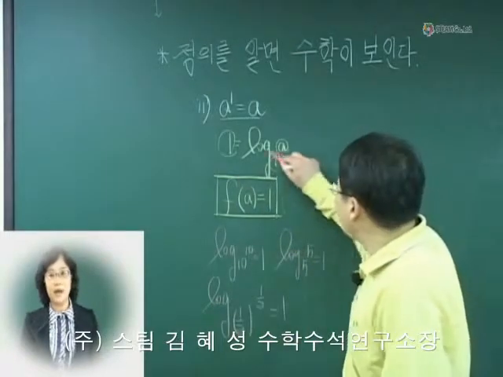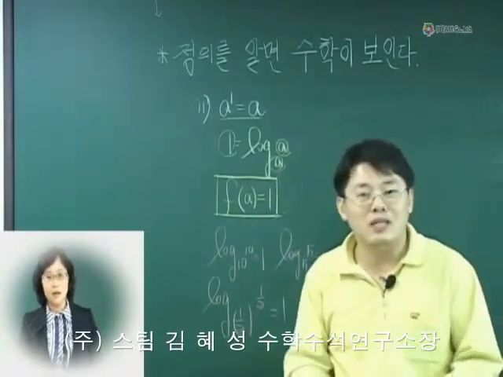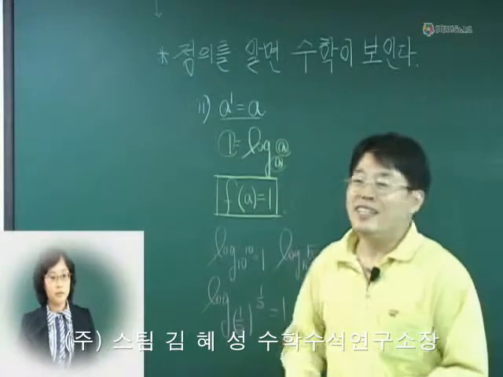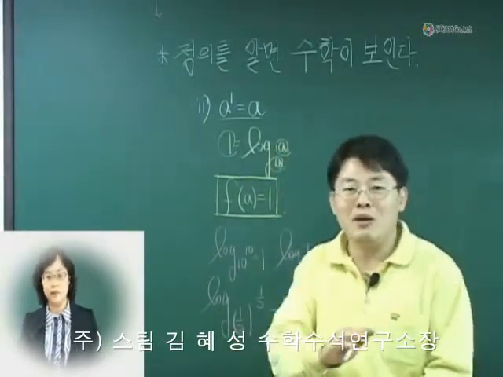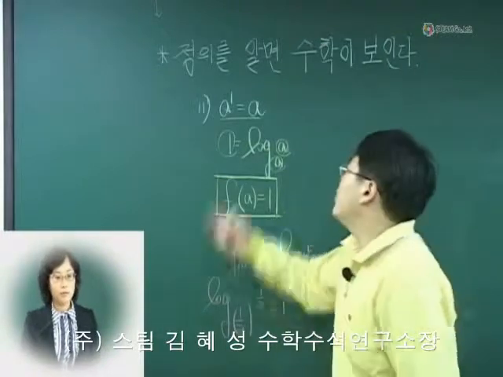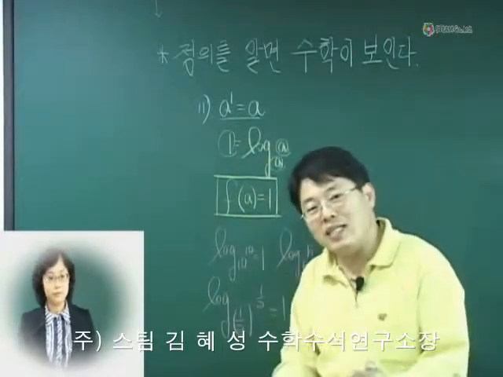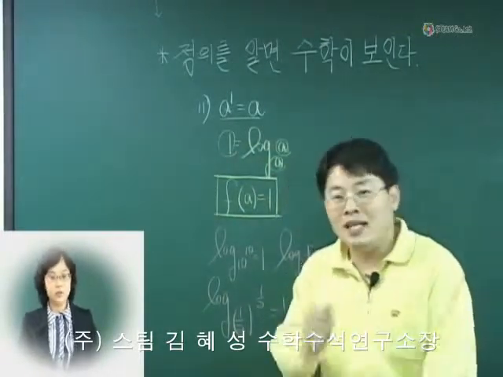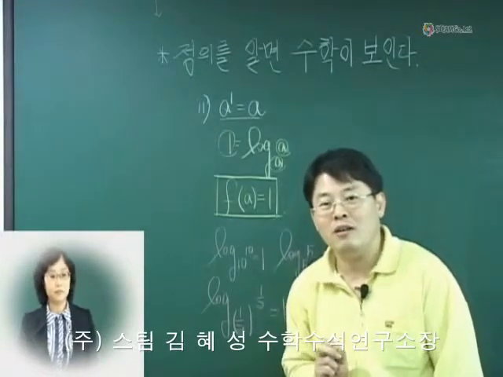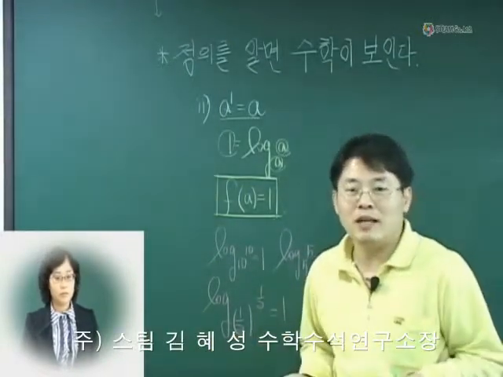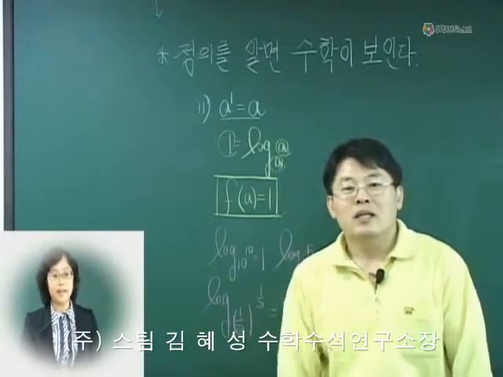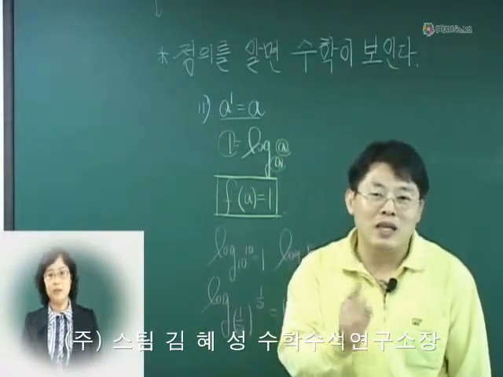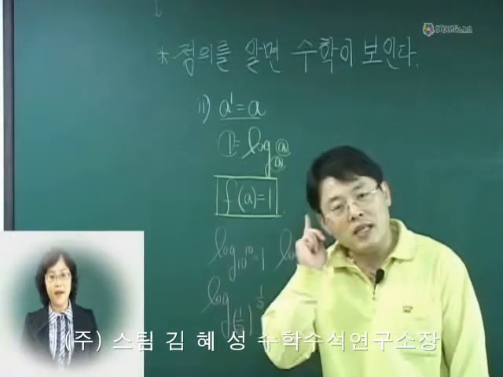Since the base and the anti-logarithm are the same, it becomes 1. Using the properties of logarithm, we can approach them one by one. We already induced them from the exponent. You have to know the fact that the logarithm is based on the exponent.